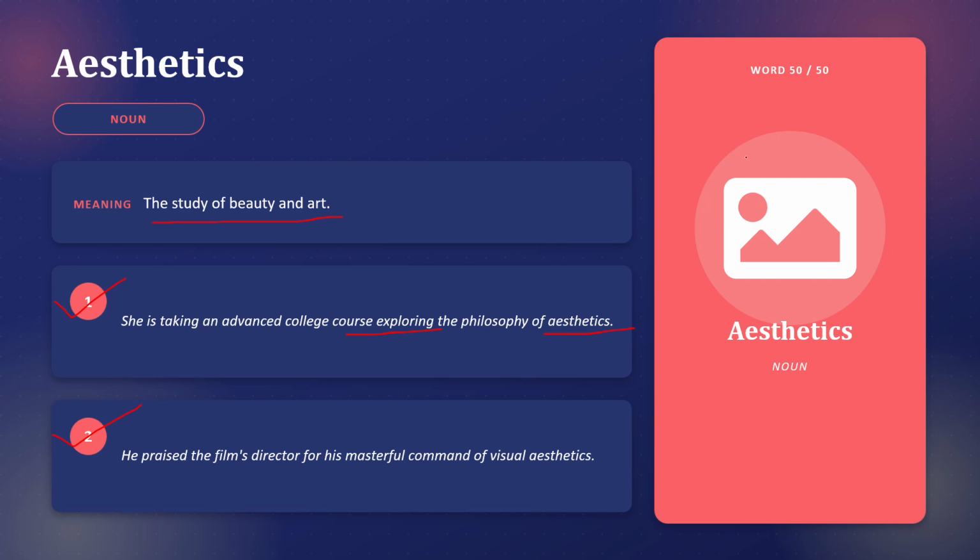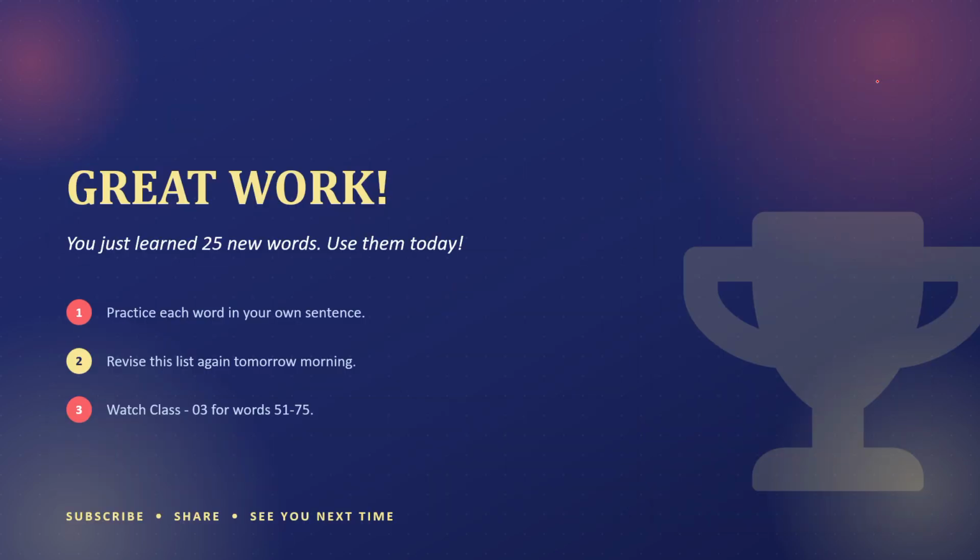Next, today the whole word list has been done. We have completed another 25 words today. Great work. You just learned 25 new words. Use them today. Use these 25 words in your daily life. Practice each word in your own sentence.